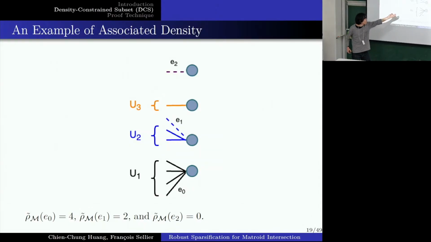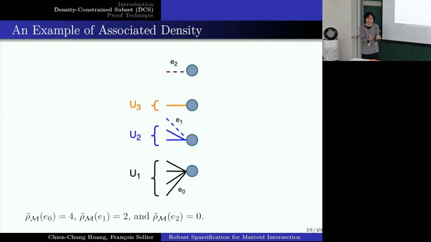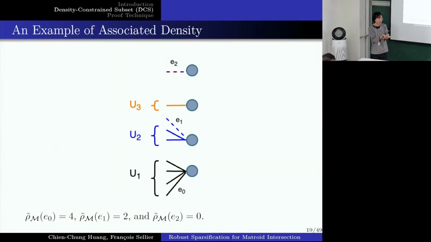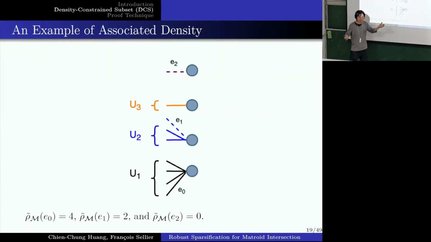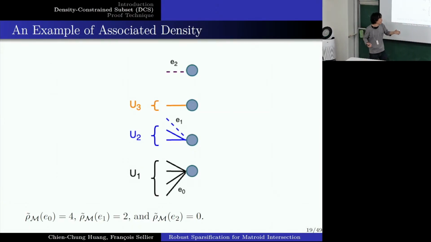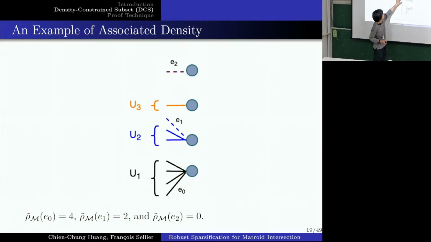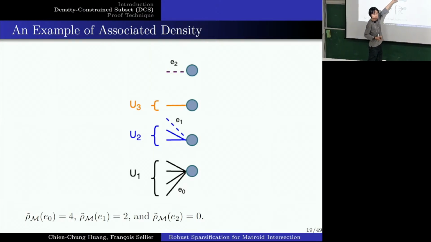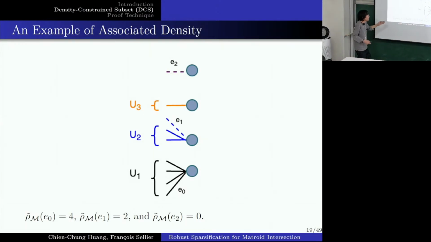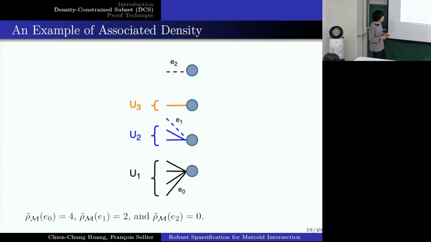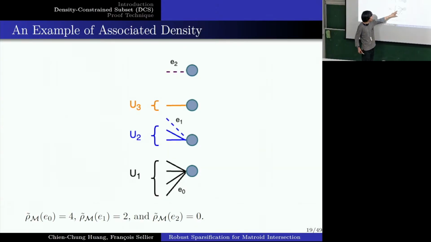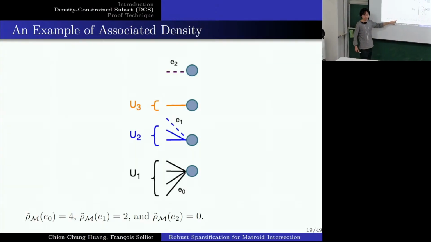In this context, the contraction is meaningless, because this is the definition of the partition matroid. Even if you contract this part, that doesn't change anything about the density of these people. Now look at this guy, E0. This is part of U1, so his density is 4.